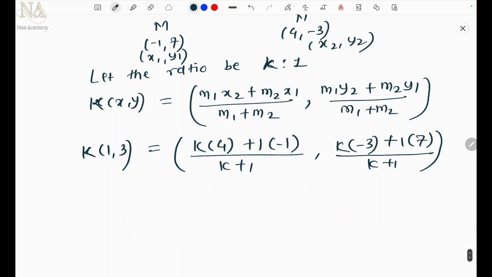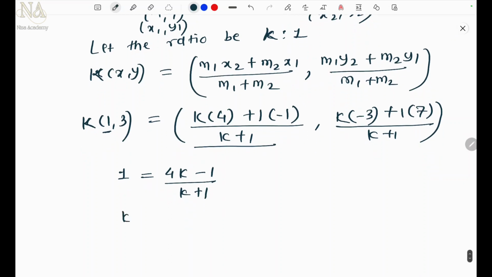Now you need to find the value of K here, that is the ratio. You don't need to take both the points, any one is enough. Equate to any one point and you will get the answer. So I will take this x point. 1 equal to 4K minus 1 upon K plus 1. First multiply, so K plus 1 equal to 4K minus 1.